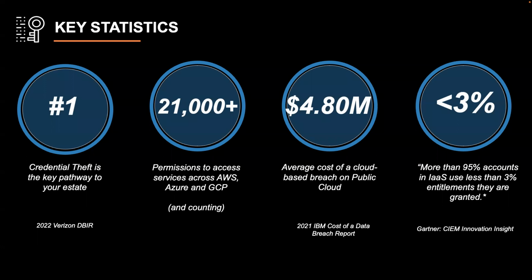Then if we talk about permissions, AWS has 230 plus services, and I think they have more than 10,000 permissions. If you start combining AWS, Azure, and GCP, there are more than 21,000 permissions to be understood.